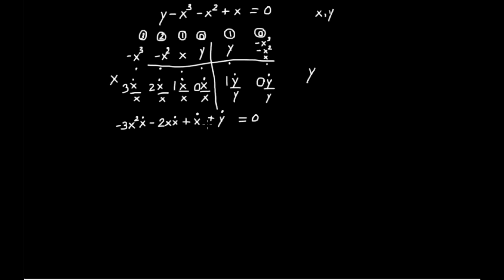But what's really cool about this method, it's kind of interesting, is that once again, going back to these coefficients, I didn't have to pick 0, 1, 2, 3, or 0, 1. What I could have done is let this first one be 0 x dot over x, but that means that this one right next to it has to be 1 times x dot over x, and this one has to be 2 x dot over x.